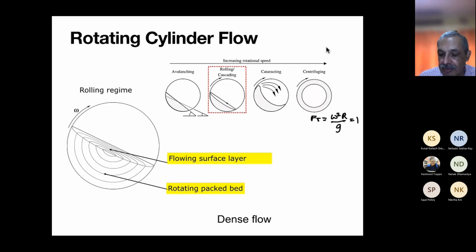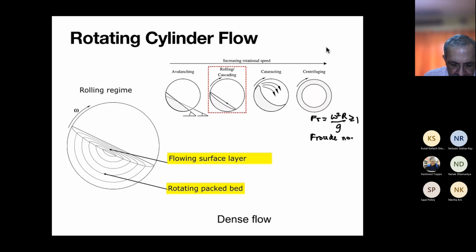That is, the centrifugal force is greater than or equal to 1. So in that case, all the particles will just overcome the force of gravity and just remain stuck to the cylinder surface. So Fr is what is called the Froude number.